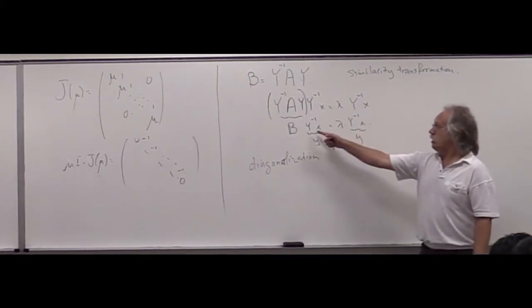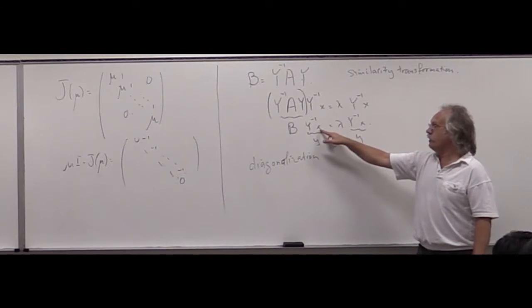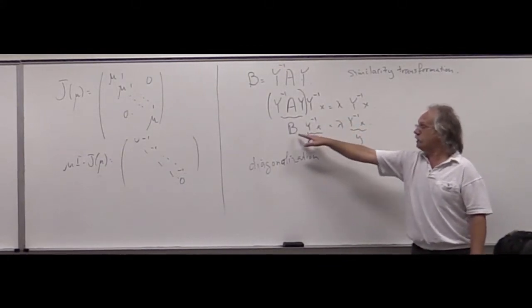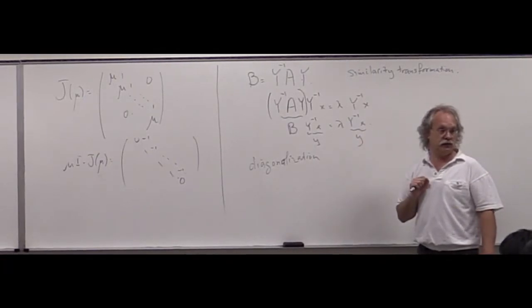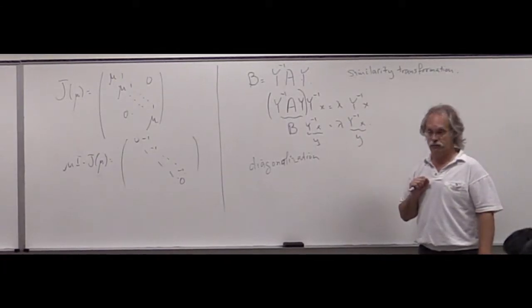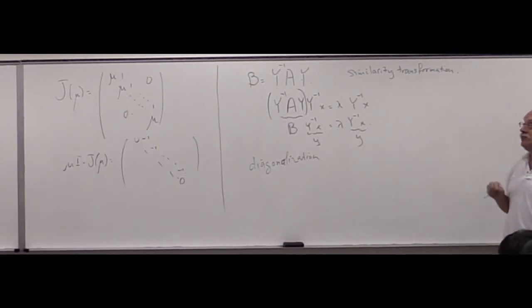And obviously, you can figure out how to compute the eigenvalues of A from the eigenvalues of B, because you have this way of transforming the vectors back and forth. So that's the good news. The bad news is not all matrices can be diagonalized.